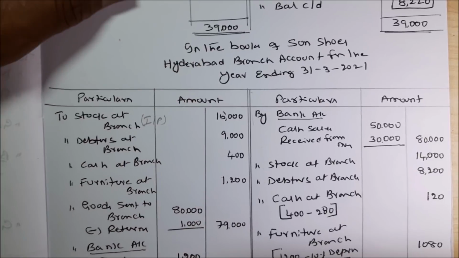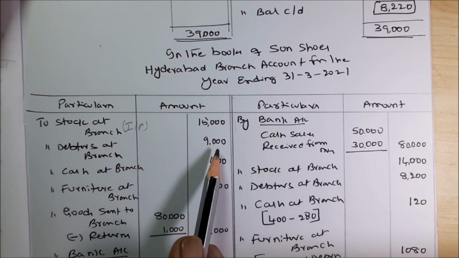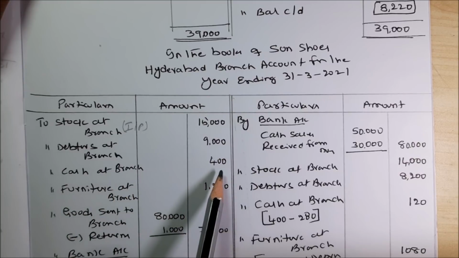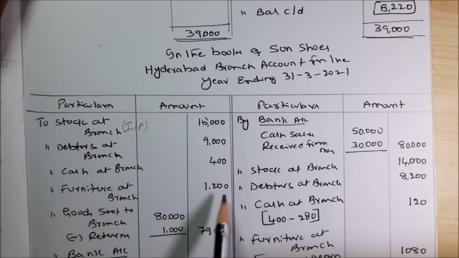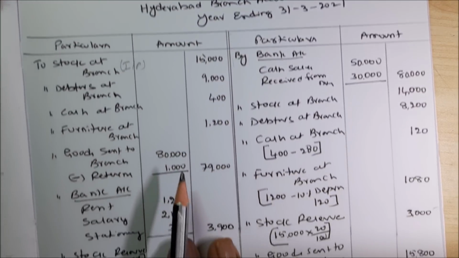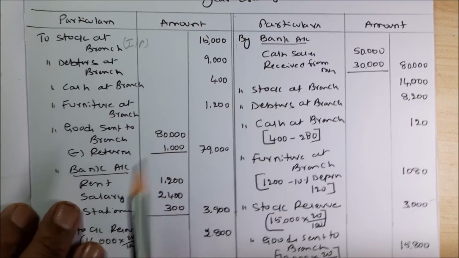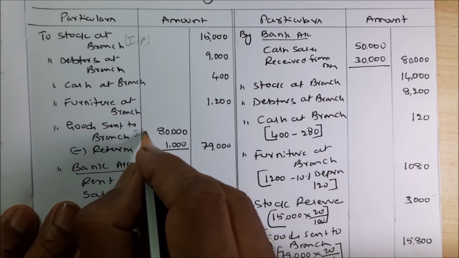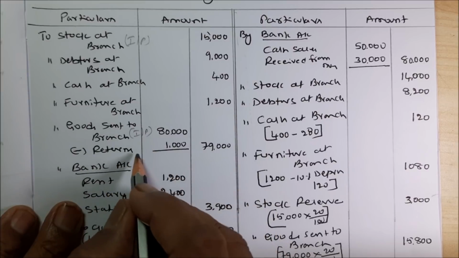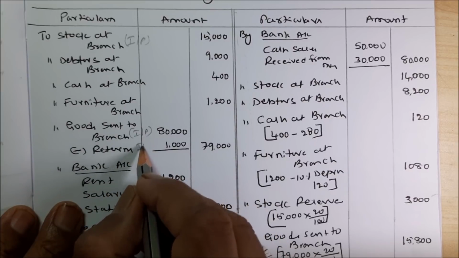Then next, debtors at branch 9,000 opening balance, to cash at branch 400, furniture at branch 1,200, goods sent to branch 80,000. It is also IP. Goods returned to head office is also IP.